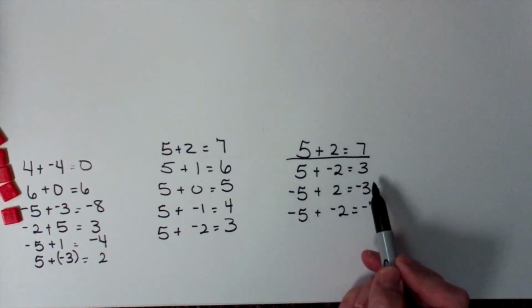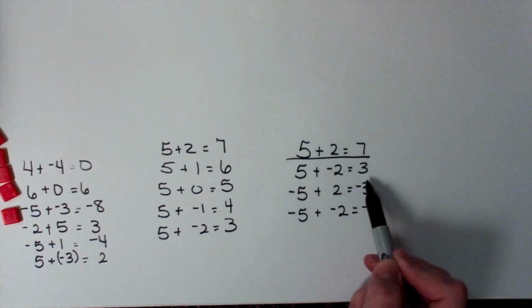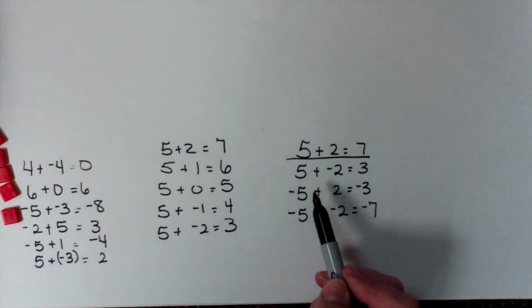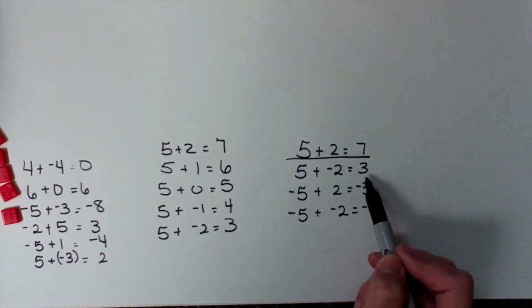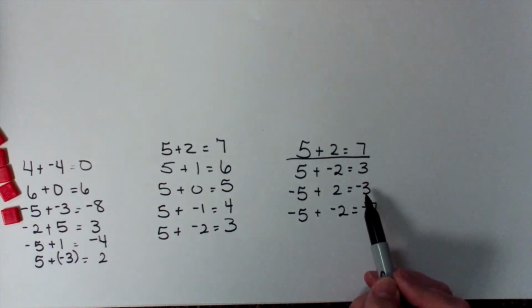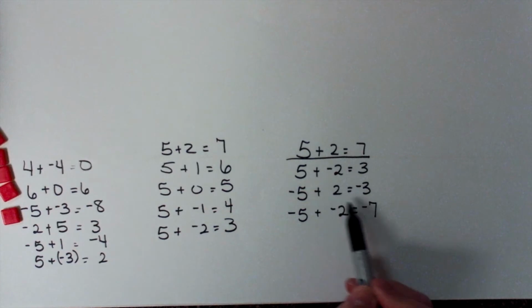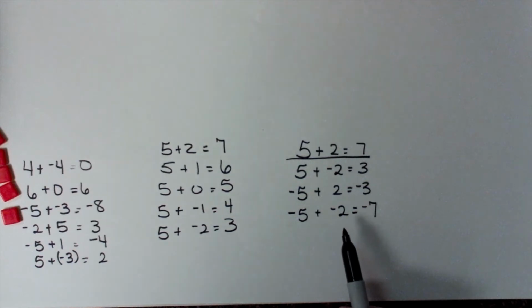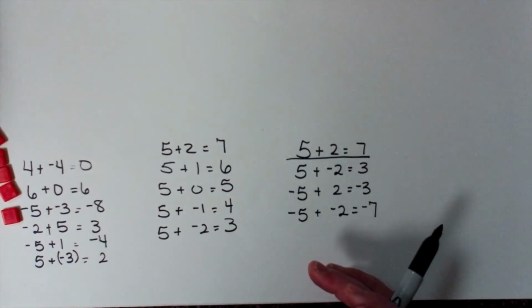If I have a positive and a negative, I subtracted and I looked for the sign of the larger number, and I have a positive 3 in this case. If I had a negative and a positive, again, I subtracted. I looked for the sign of the bigger number, and I have a negative 3. And if I had 2 negatives, I went ahead and just added those negatives together because they're alike. So this is what we want to talk to our students about when we're doing this with addition.